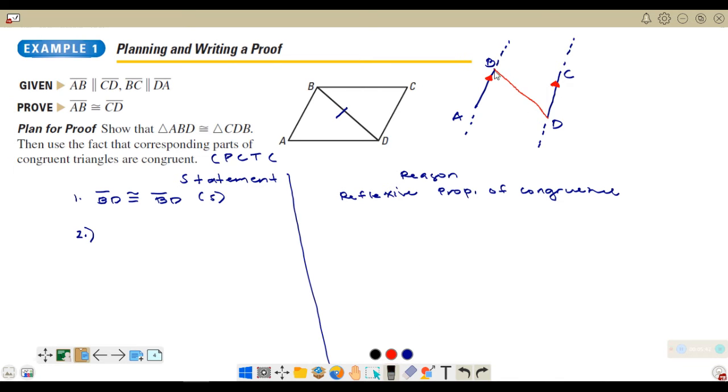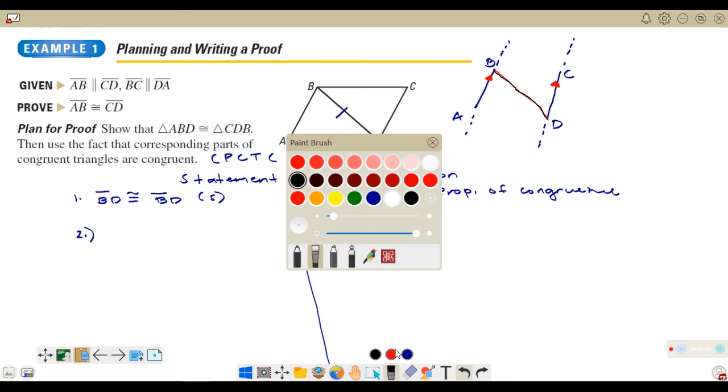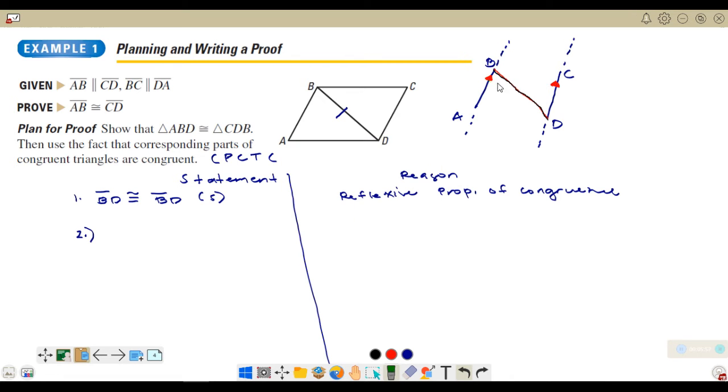Ito yung transversal line natin, line BD. So, what do we notice about angle B and angle D? Dito, angle ABD is congruent to angle CDB. Lagyan na natin siya ng markings dito.